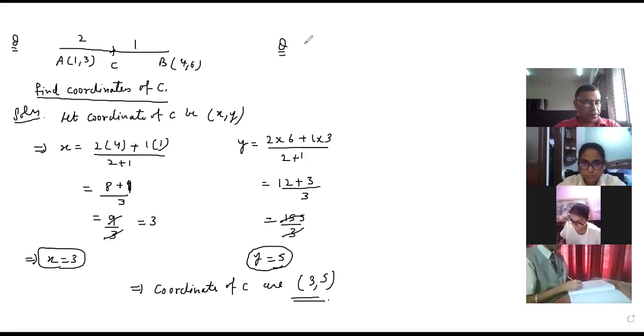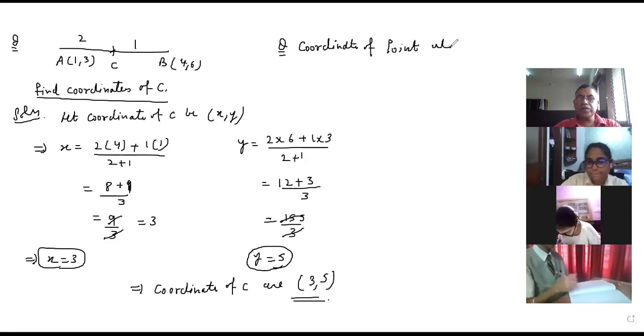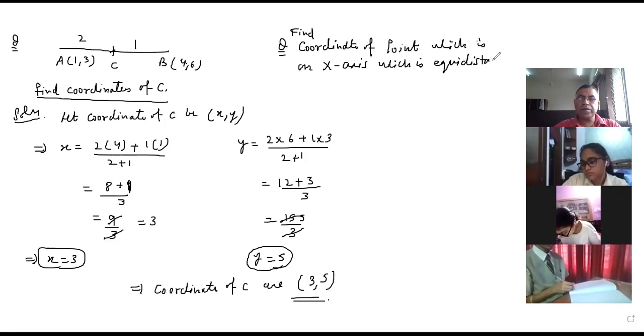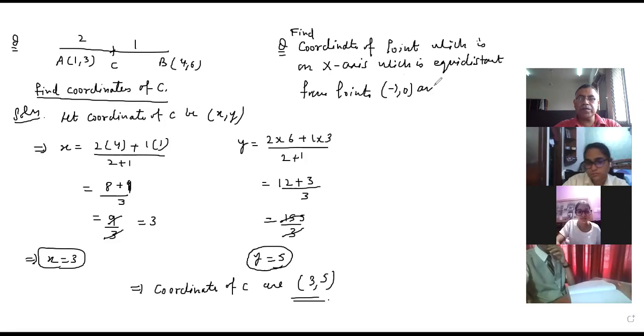Yeah, I'm going to write the question, do it at home. Find the coordinates of the point which is on the x-axis, which is equidistant from the points (-1, 0) and (5, 0).